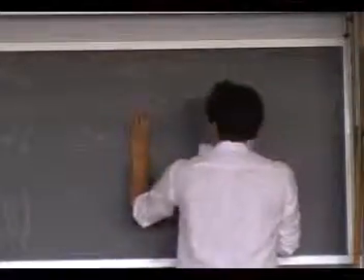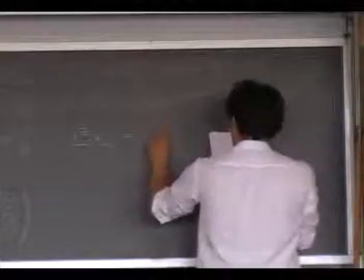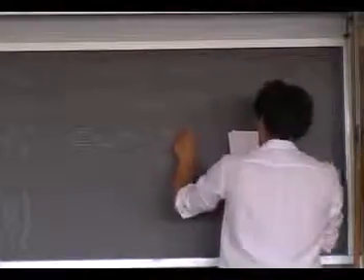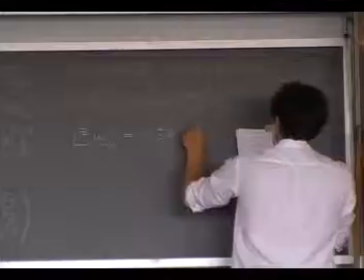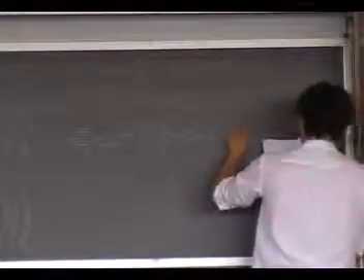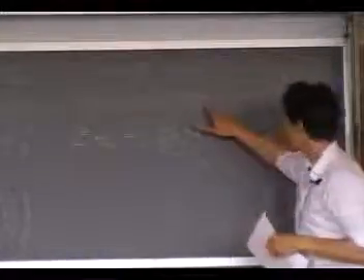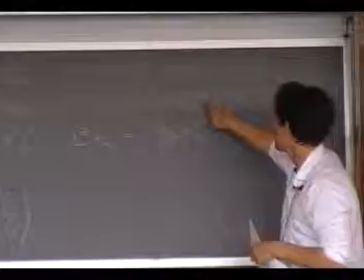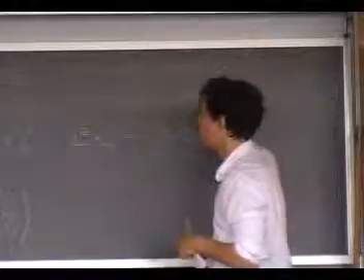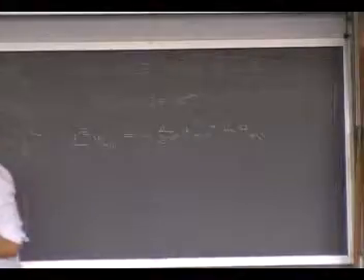This is just the generator of rotations around phi, so I can easily see that psi m naught has the eigenvalue m, because the phi dependence only comes from the exponential here.